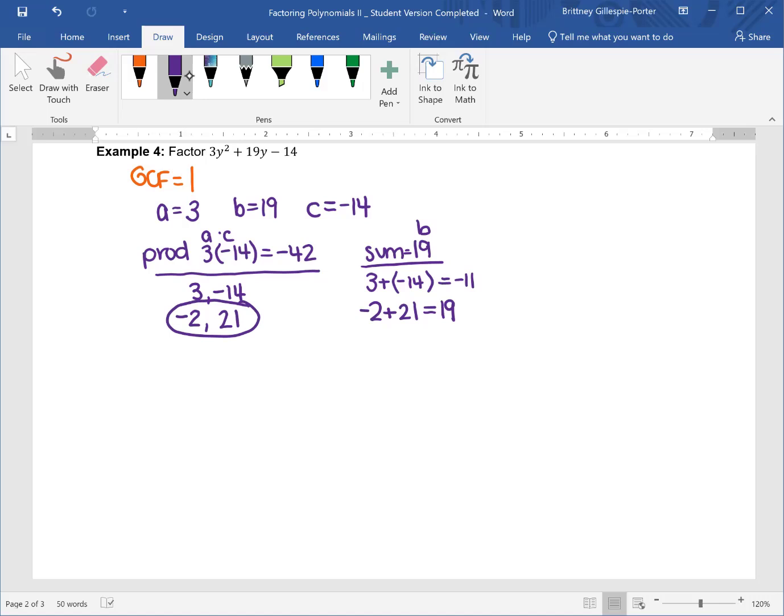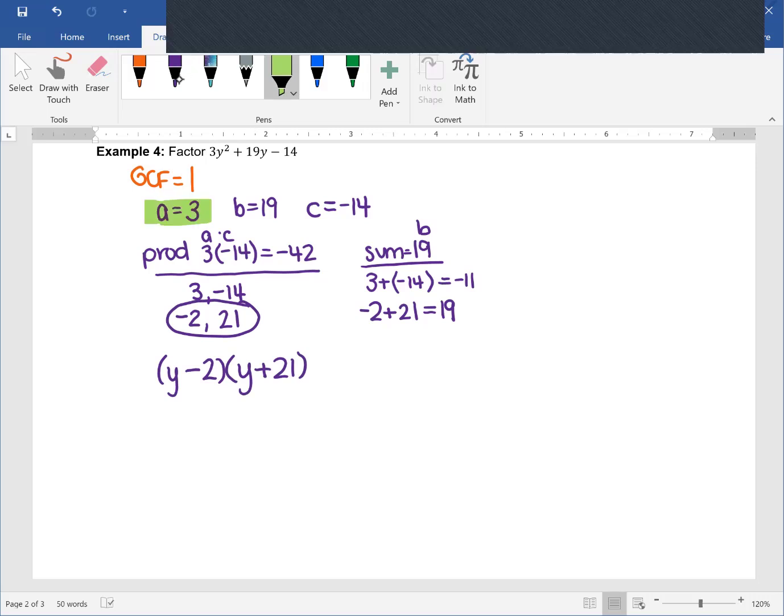Pay attention to your variable. In the original problem, we had a y, which means that we need y's in our factors. We have y minus 2 and y plus 21. Our A was 3, which means we need to divide both of our constant terms by 3. 2 over 3 doesn't reduce.